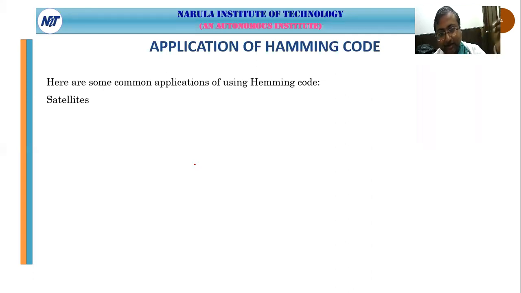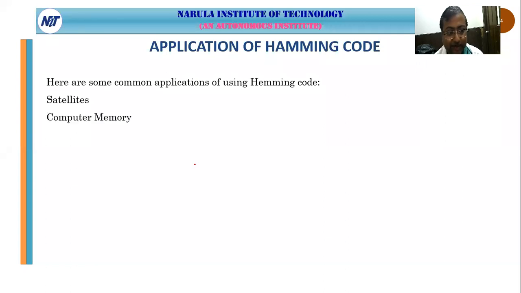The receiver decodes this signal using the Hamming code and operates accordingly, and then sends the message to the earth station, and then the earth station decodes the message sent by the satellite, and then gets the original message.